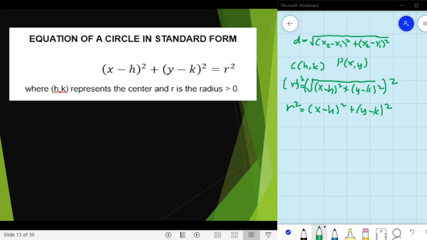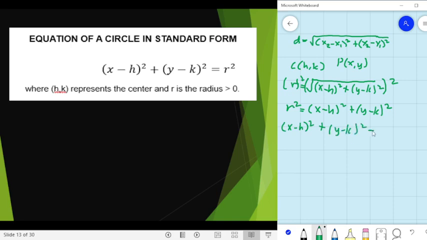Okay? So, when we simplify this further, (x - h)^2 + (y - k)^2 = r^2. Simplifying this using the special product formula, the square of x is x squared.